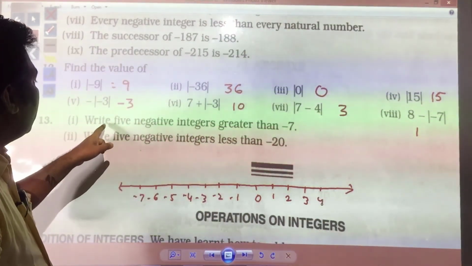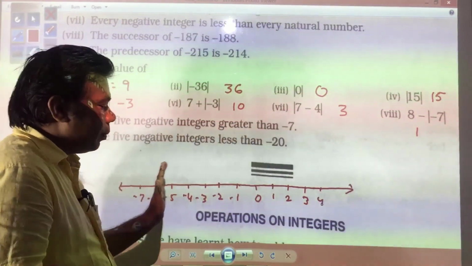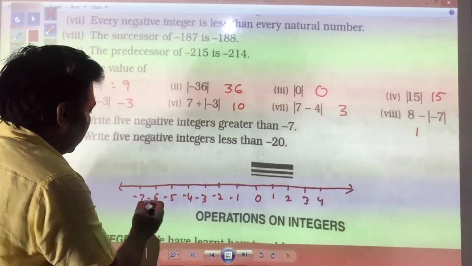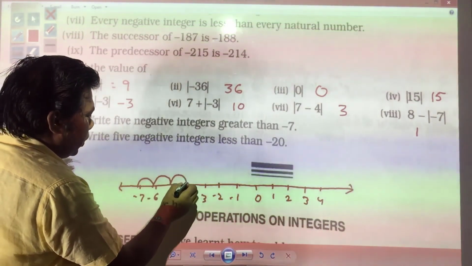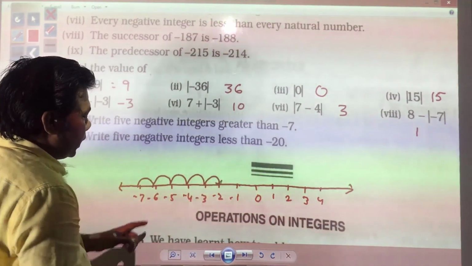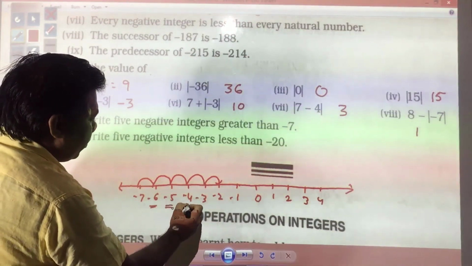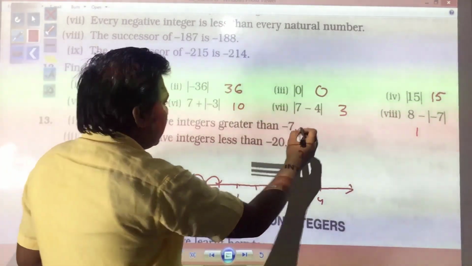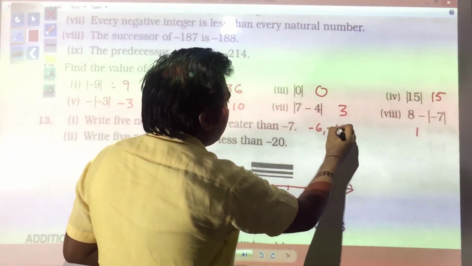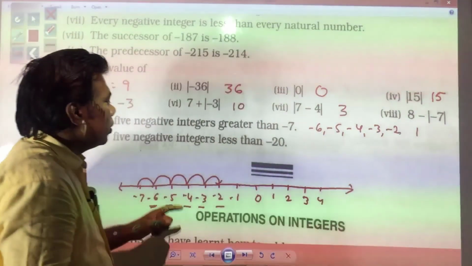Greater than means you need to move rightward. So, 5 negative integers, 1, 2, 3, 4, 5. So, your answer will be minus 6, minus 5, minus 4, minus 3 and minus 2.